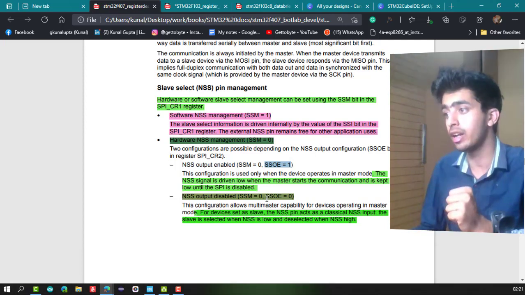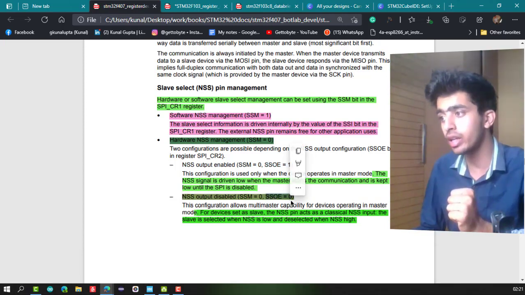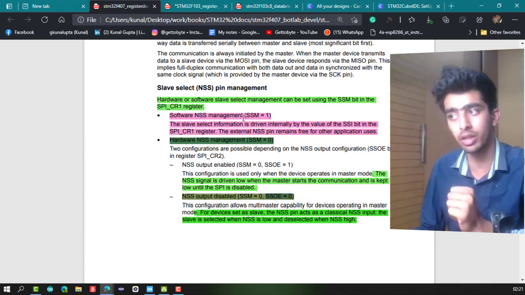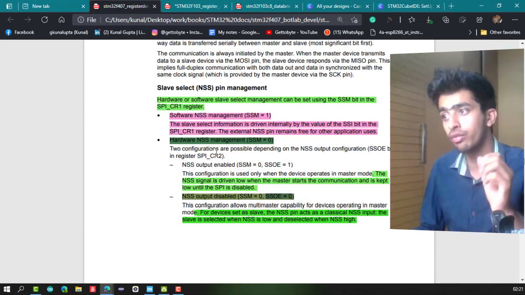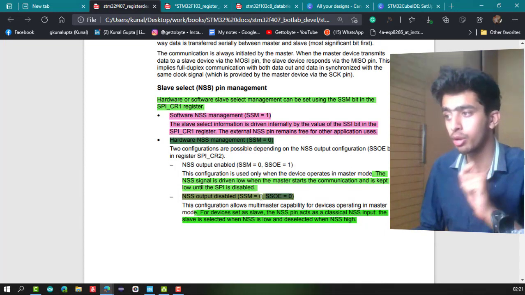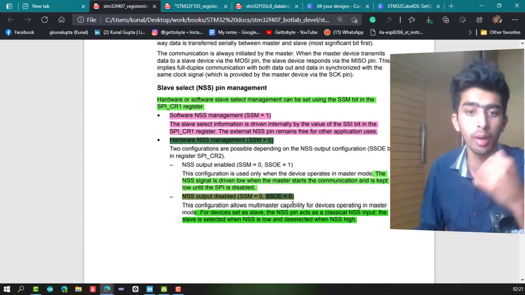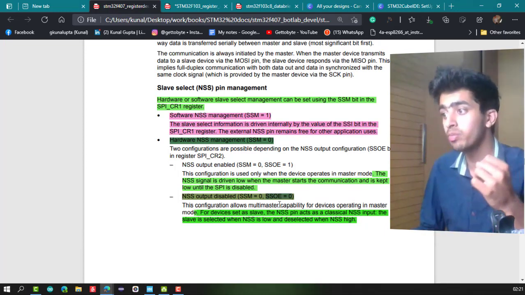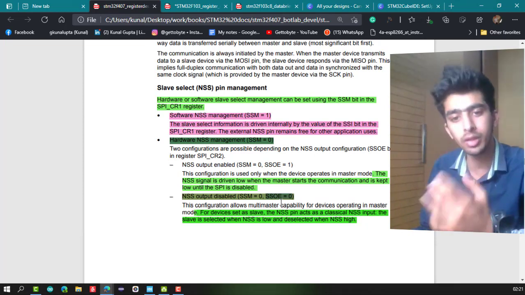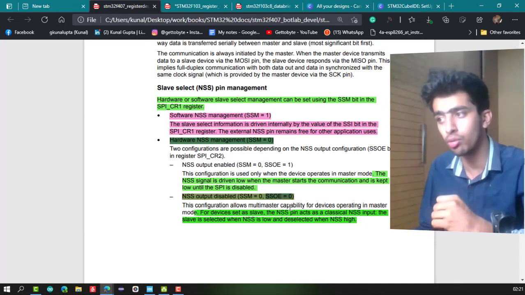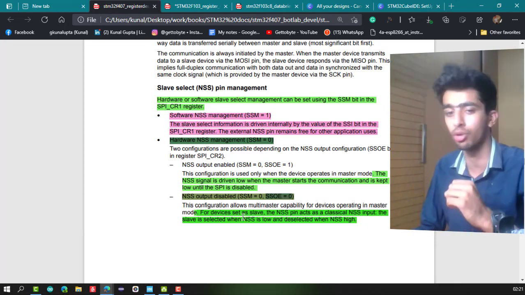If I have configured in slave, there is no software NSS management and SSI will not work. We have to configure hardware only, because the pin will be controlled by the external microcontroller, so the output will be disabled as it is in input mode, and the SSOE bit will be 0.